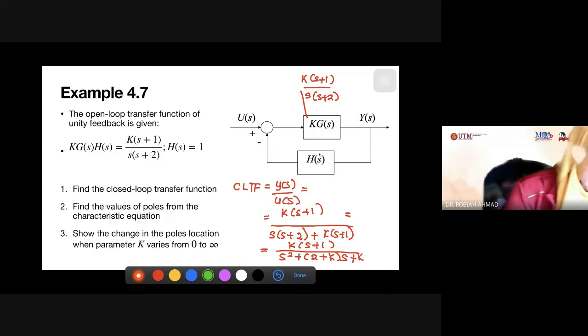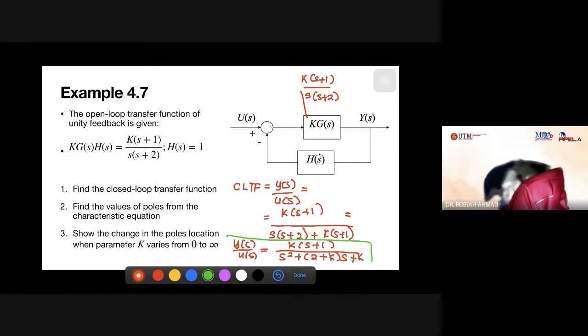Okay, boleh. Okay. So this is our closed loop transfer function, Ys over Us. So ni dia. I put it in green color, this one. Okay.